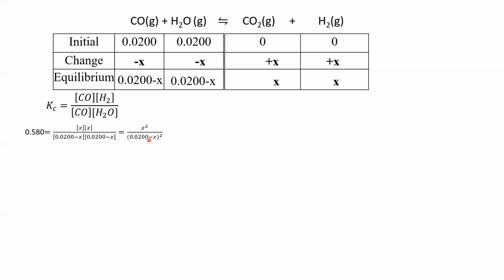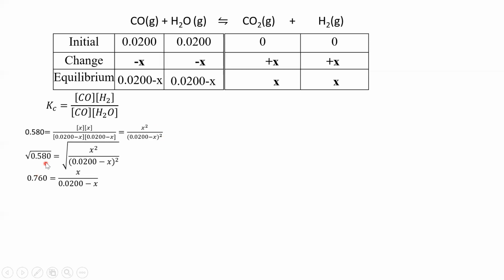Now, both the numerator and the denominator are squared on the right-hand side here. Our goal is to solve for X so we can figure out the equilibrium concentrations for everything in the reaction. If we want to solve for X, the first thing we're going to do is get rid of the squares, and to do that, we take the square root of both sides.